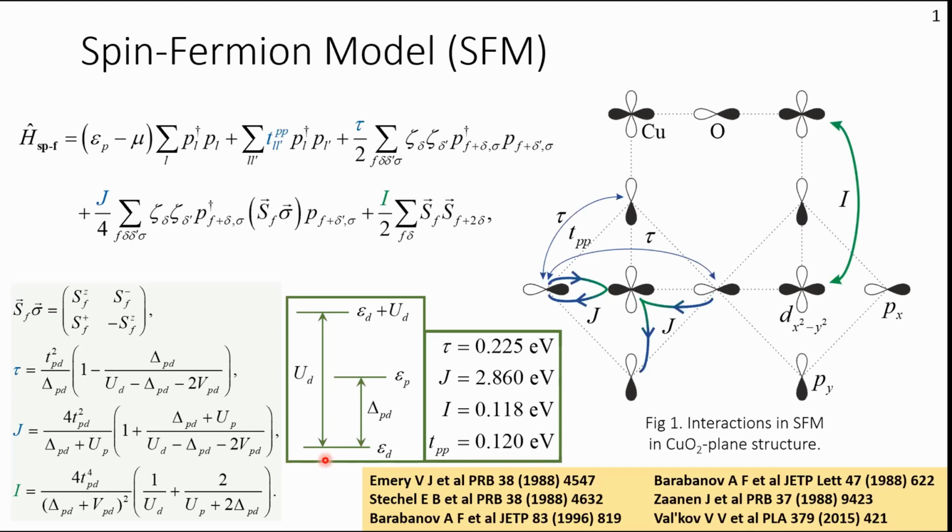The strong Coulomb repulsion of two holes on the copper ions leads to the fact that upon doping, hole carriers appear not on copper but on oxygen ions, and so we have a strong coupling between charge and spin degrees of freedom.